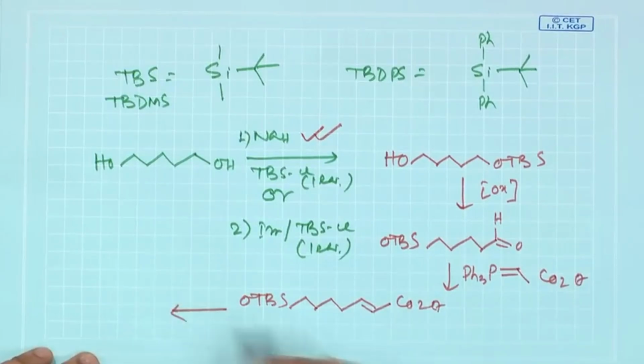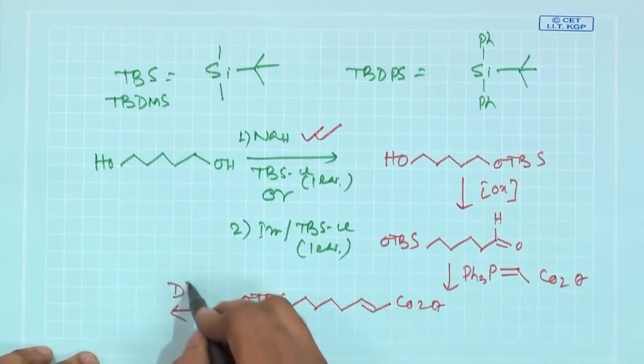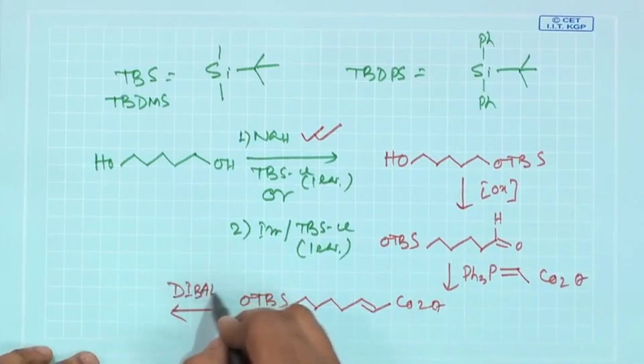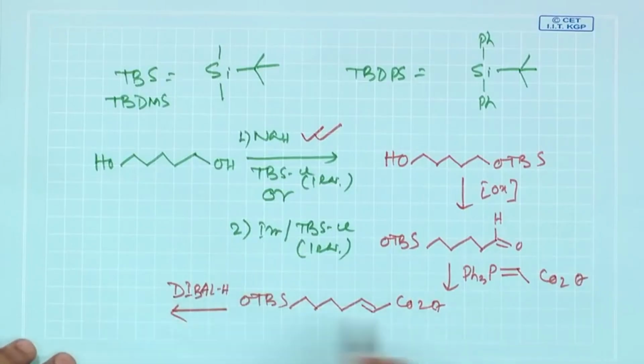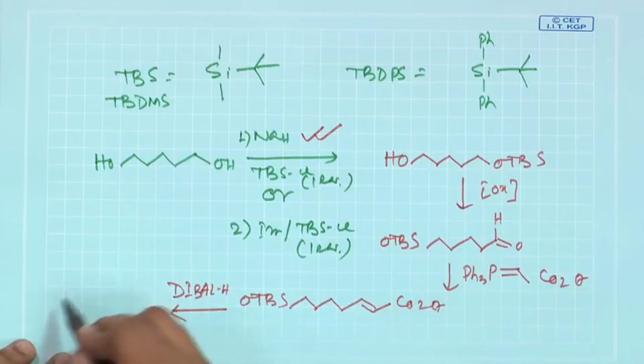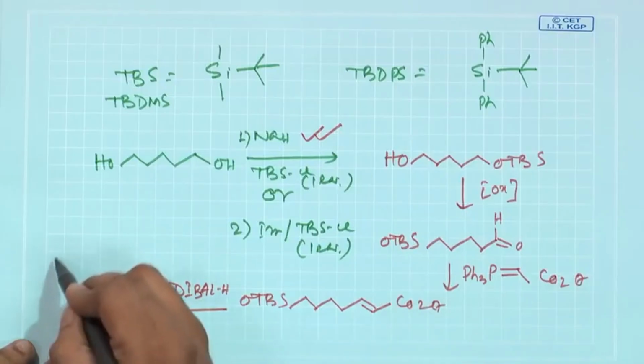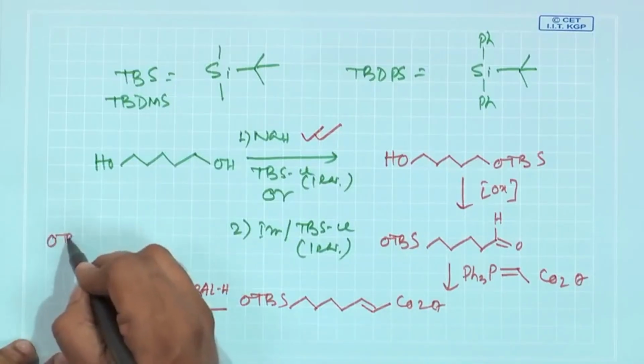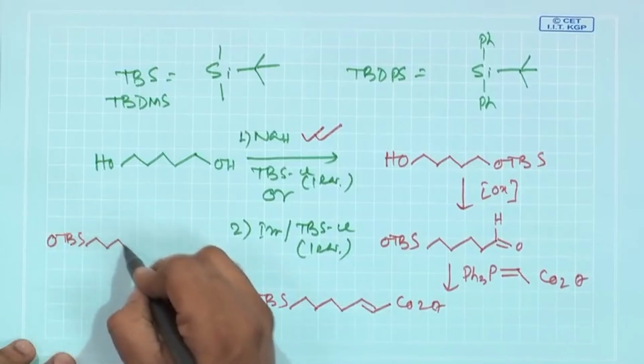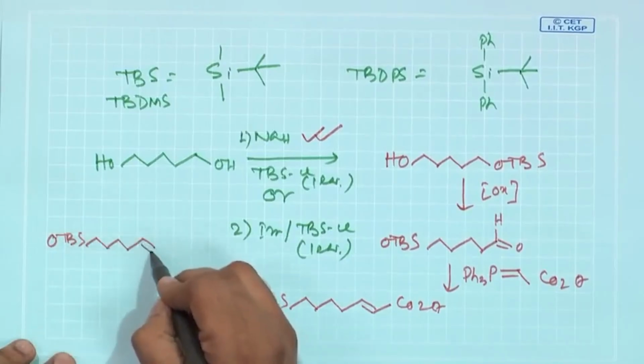And next, as I said, this can be easily reduced by a mild reducing agent, which won't touch the double bond, only reduce the corresponding ester, and basically you will get an allylic alcohol.